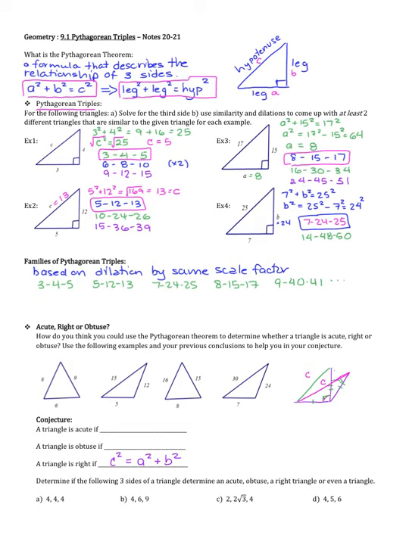So this now is an obtuse angle because it's greater than 90 degrees. So I know I have an obtuse triangle if c squared is greater than a squared plus b squared, because the c in this one is going to be longer than that original hypotenuse.